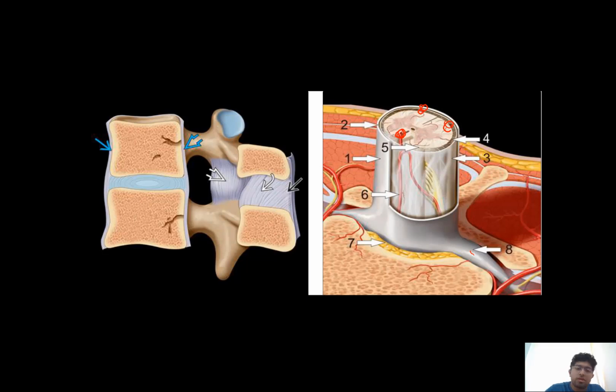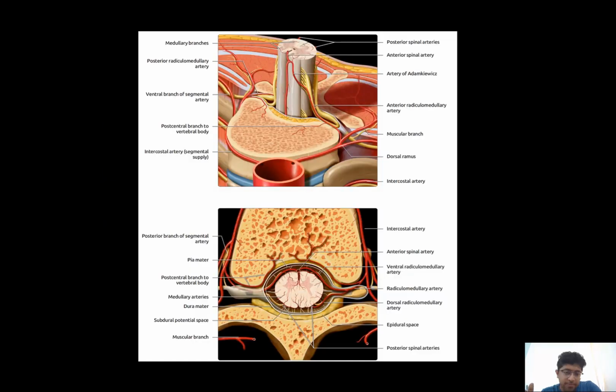So these are the branches which are supplying the spinal arteries, called the artery of Adamkiewicz, which are giving collaterals to the anterior and posterior spinal arteries. So that's some of the collaterals in the spinal artery.